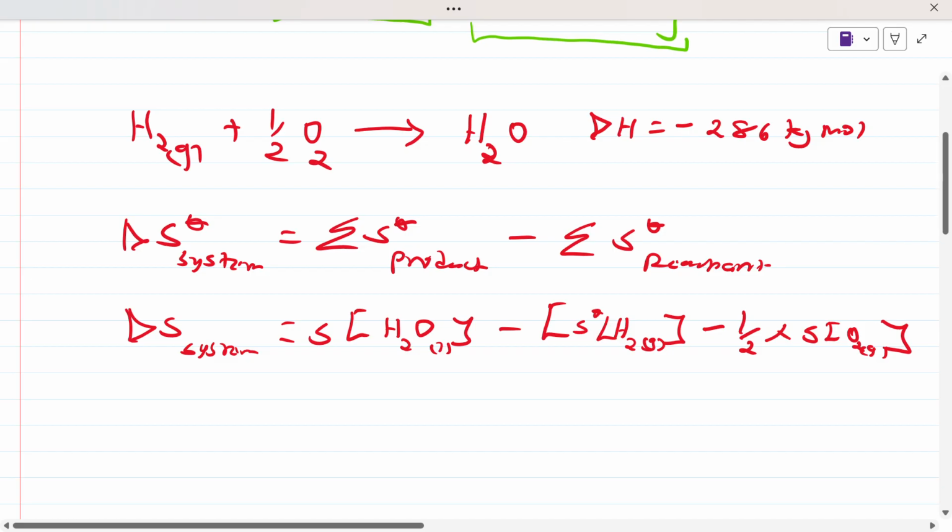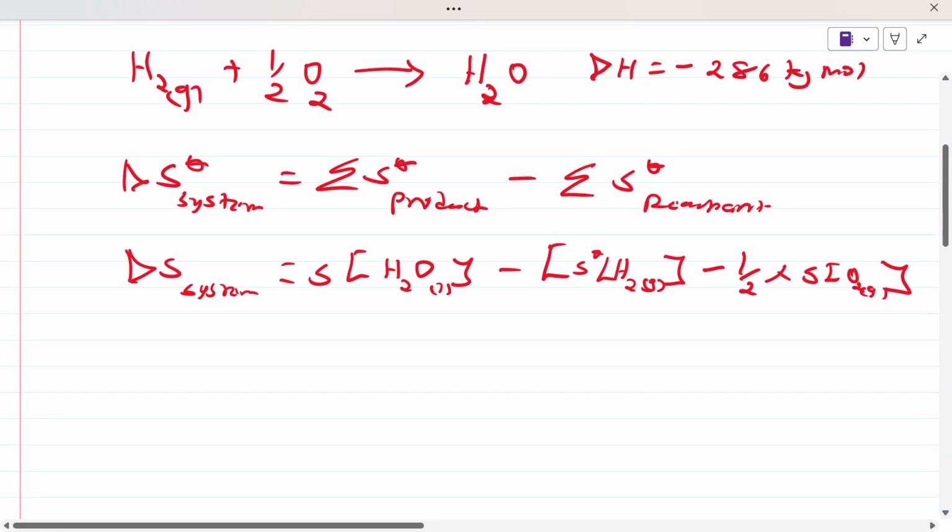Now, if I fix the values according to the data that I gave you initially, you'll realize that my delta S of the system is going to be 69.9 minus 130.6 minus a half of 205.